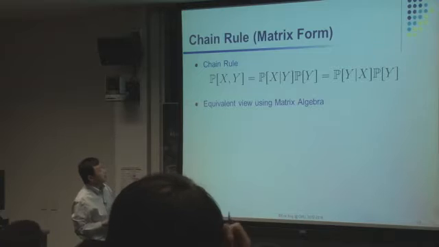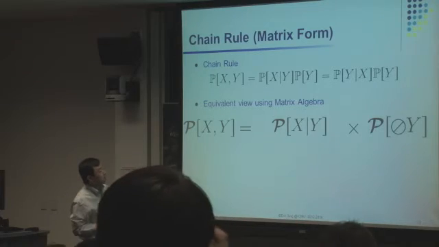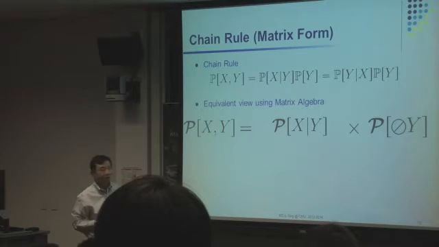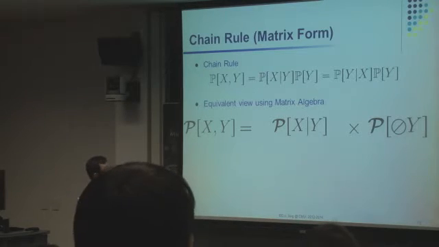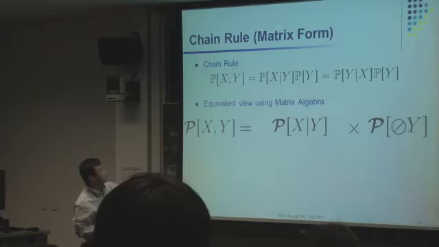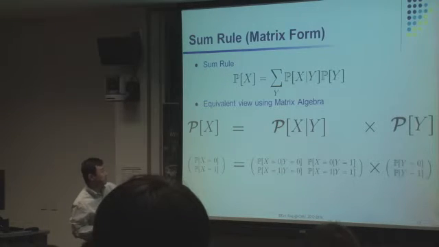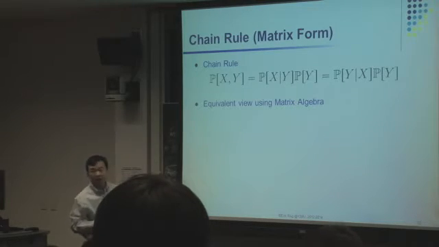All right. So the equivalent view, okay, in here, again, using the linear matrix algebra, this is the chain rule, by the way. So chain rule is different from that in the sense that even though it is still the product between 2 matrices, the end outcome is a joint distribution of 2 variables, right?